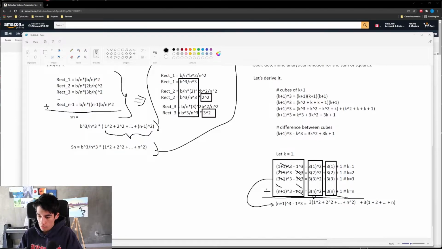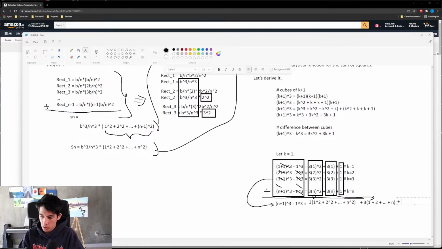Now we have a way of simplifying this. And the last part is the plus 1s on the far right. Since there's n different equations, 1, 2, 3, 4, 5, all the way up to n, we know that this will sum to n 1s, or plus n.